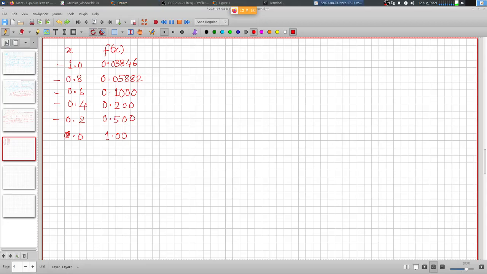So the rest of the points are symmetric, so I can generate the rest of the data points here.